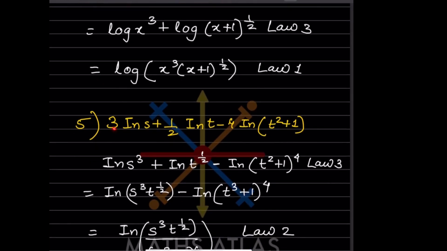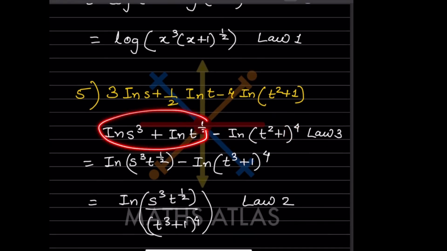Now for this one, 3 ln s plus half ln t minus 4 ln of t square plus 1. For this one we can write here, and this 3 will go in the exponent here. Again we can write this part, this half will go in the exponent. Again we can write this whole thing over here, and 4 will go in the exponent, that is law 3. Now here this is plus, so we can multiply it.